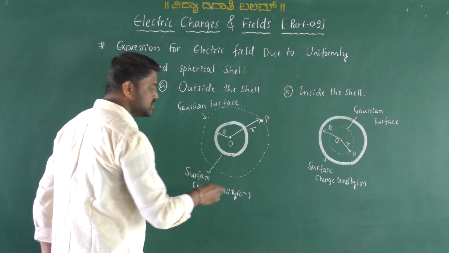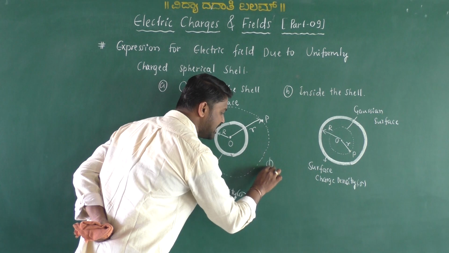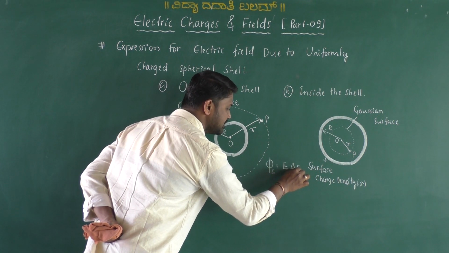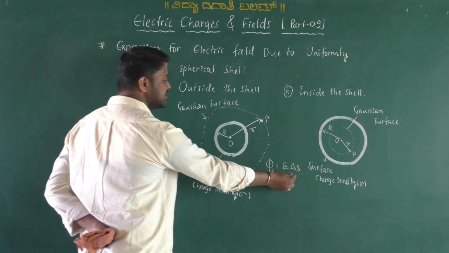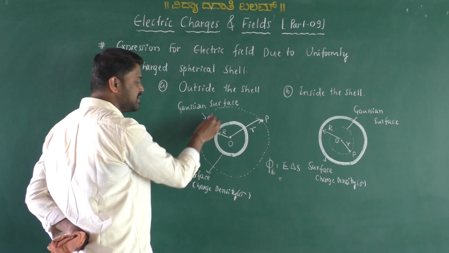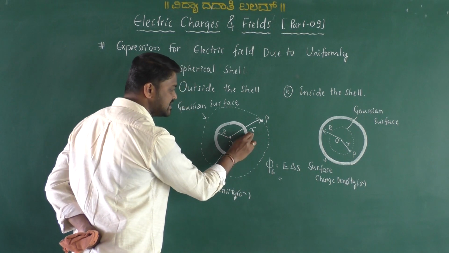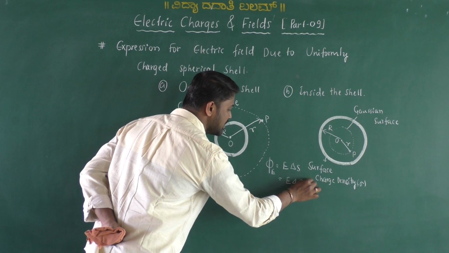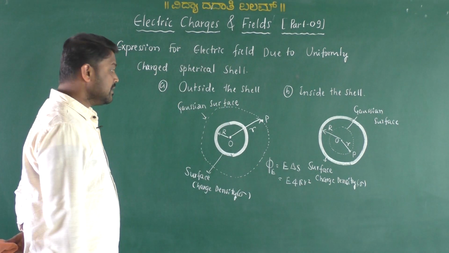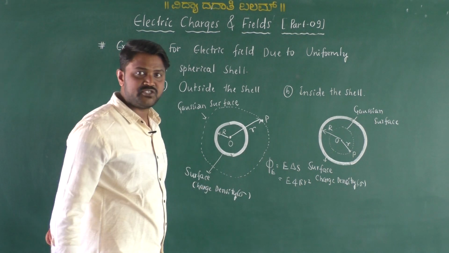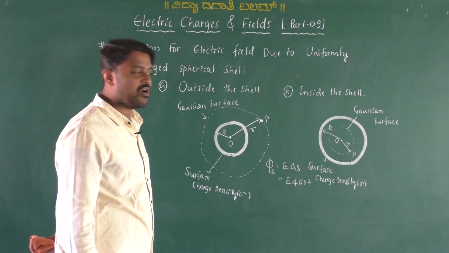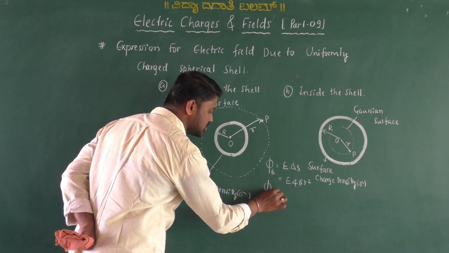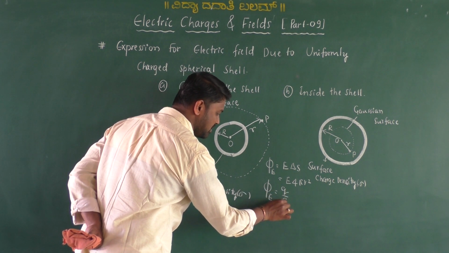So the electric flux phi of E equals E delta S, where delta S is nothing but the surface of the sphere. Since the distance is R, it is E into 4 pi R square. In this geometry we are going to apply Gauss Law, so phi of E equals Q by epsilon naught.